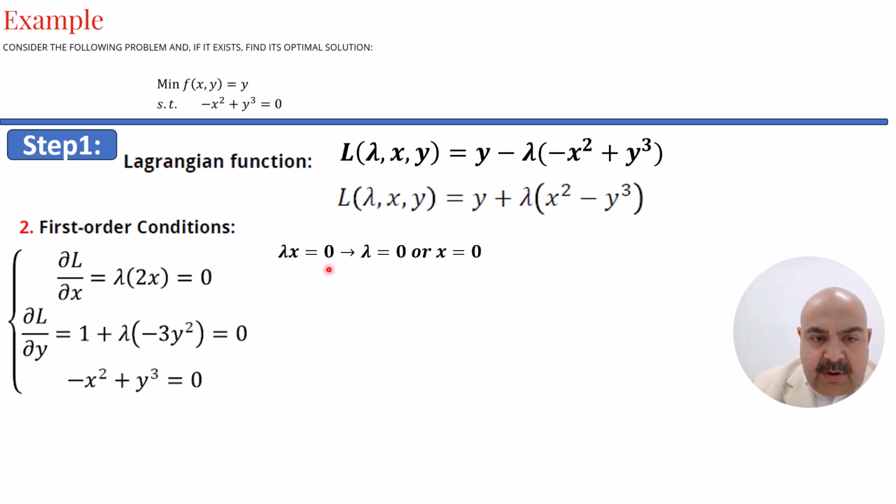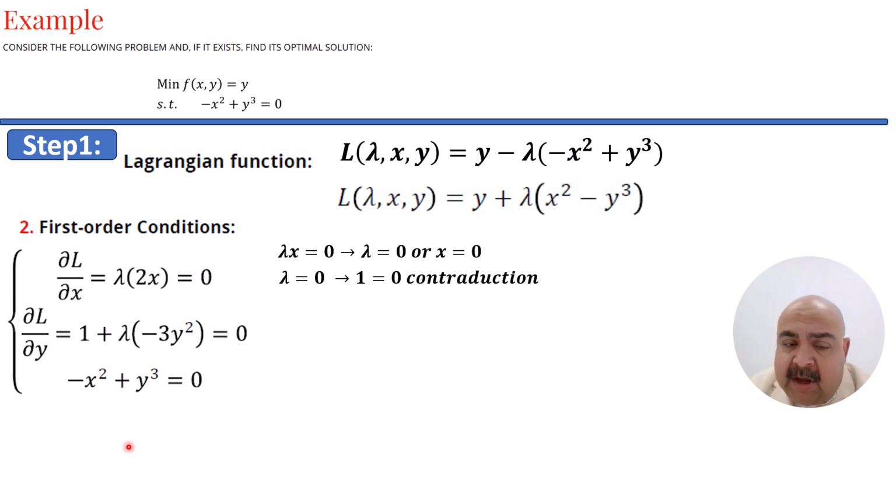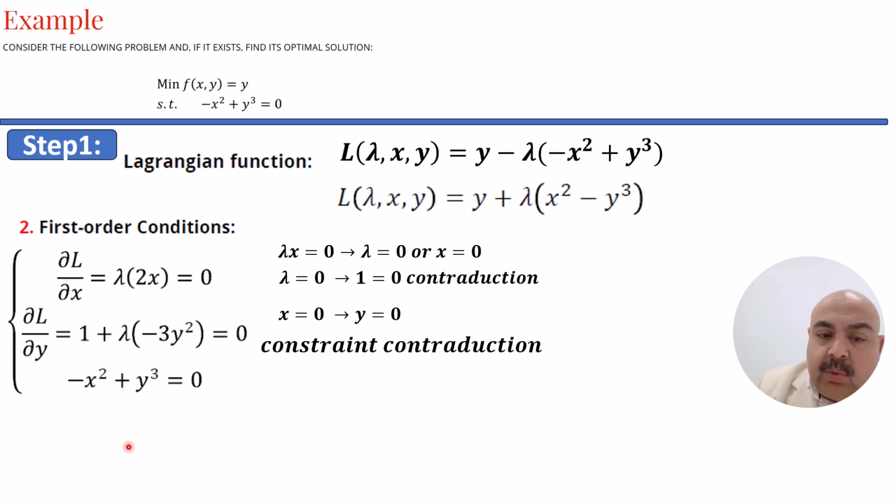Solving them together will develop that lambda equal to 0 or x equal to 0. And in these two cases, both of them will contradict the constraint minus x squared plus y cubed equal to 0. So neither of them is going to satisfy the condition that we have, which means we have a contradiction in both cases.